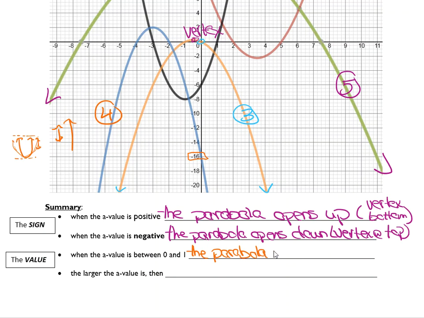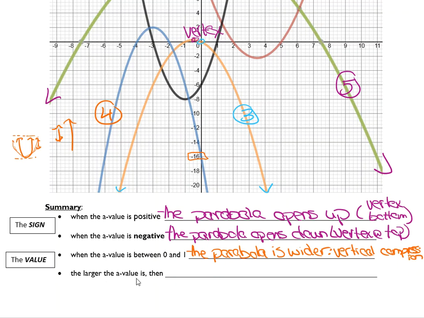So the parabola is wider, and a better way of phrasing that is vertical compression. C-O-M-P-R-E-S-S-I-O-N. That's a vertical compression.